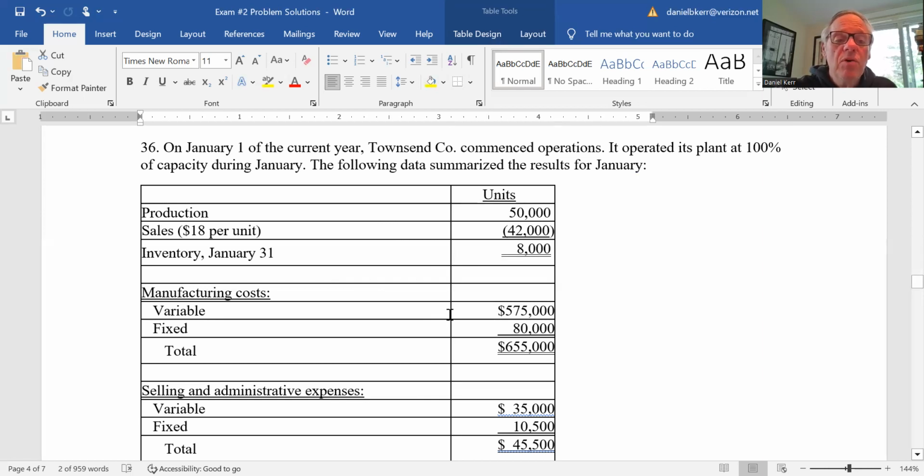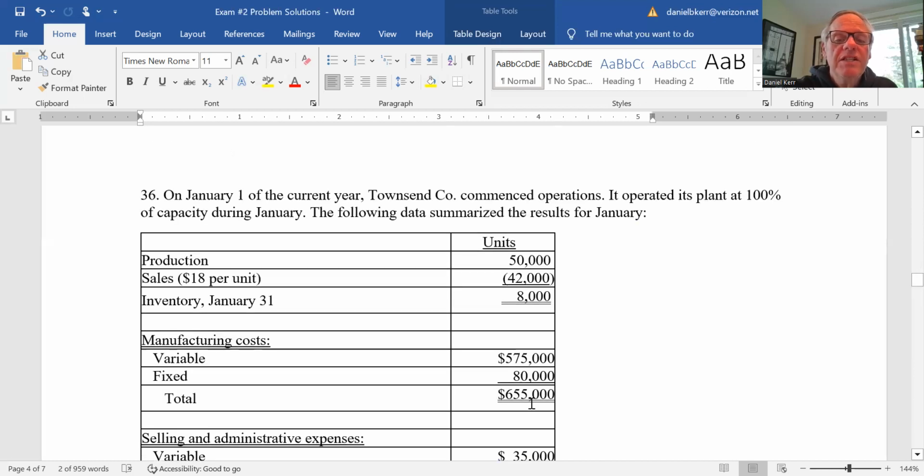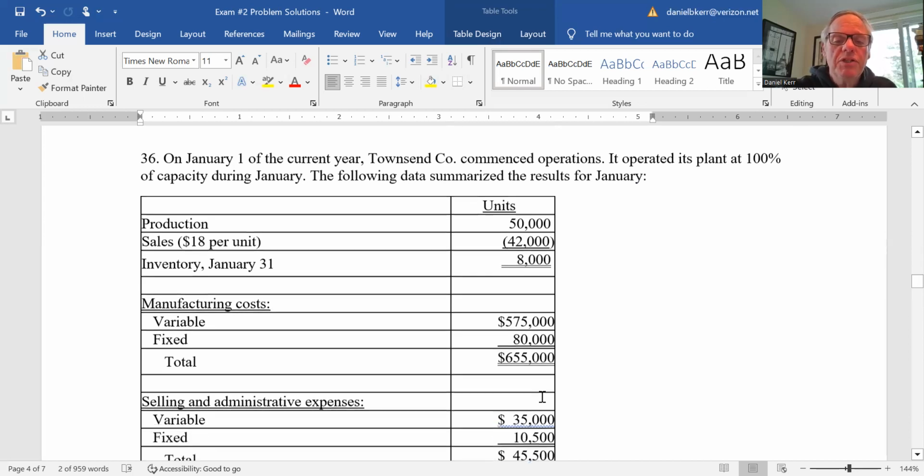There is ending inventory in both absorption costing and variable costing. Under absorption costing, for the ending inventory, you're going to have to take 655,000 and you produced 50,000 units. So 655 divided by 50,000, that's your cost per unit under absorption costing.